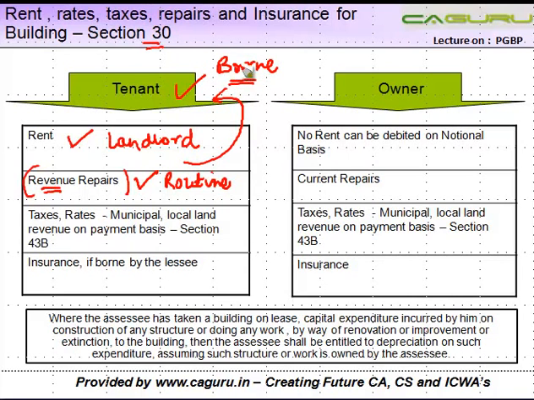Now, what do you mean by borne? Borne means that the economic burden of these should be with the tenant. If the tenant incurs, let's say 100 rupees on repair and he recovers 100 from the owner, then effectively he's not bearing the expense. Bearing means he's incurring 100 and he's not getting anything from the owner.